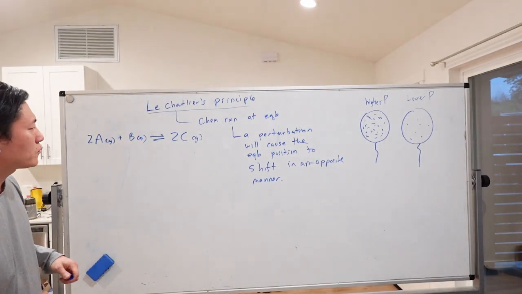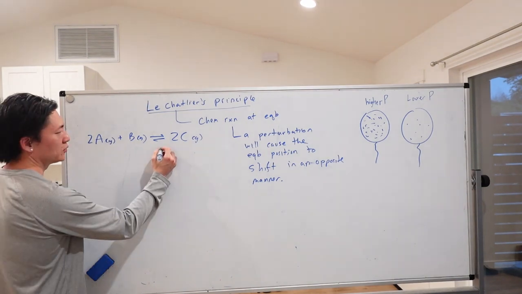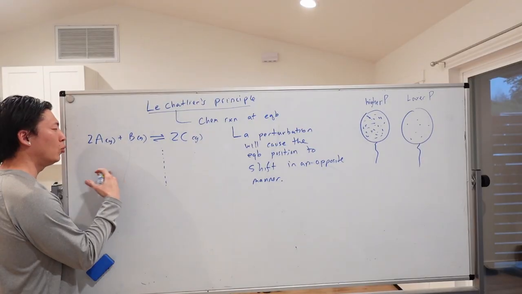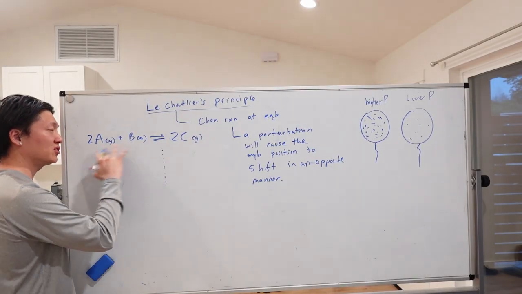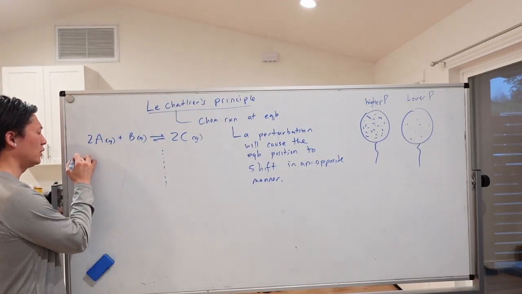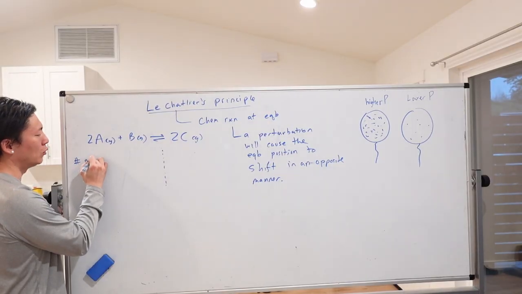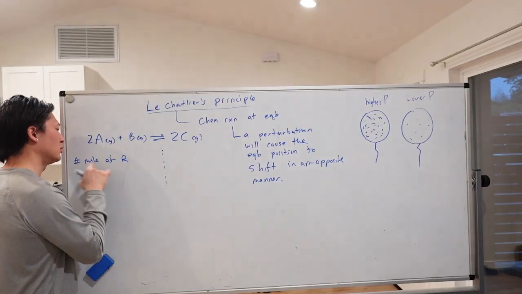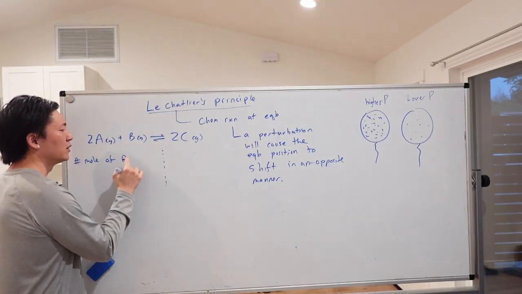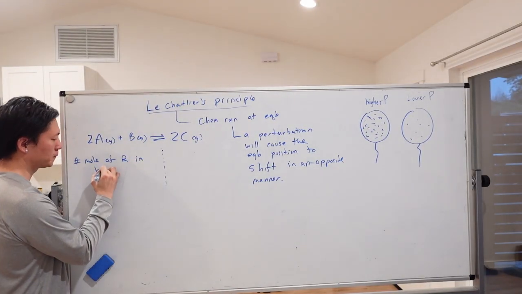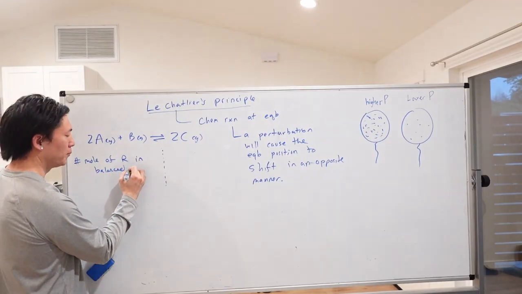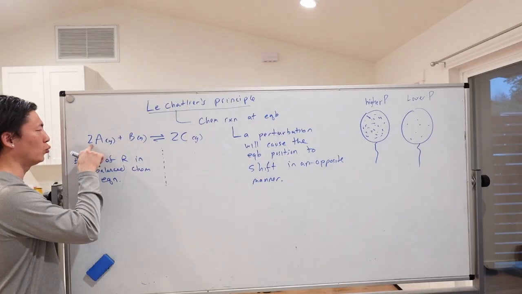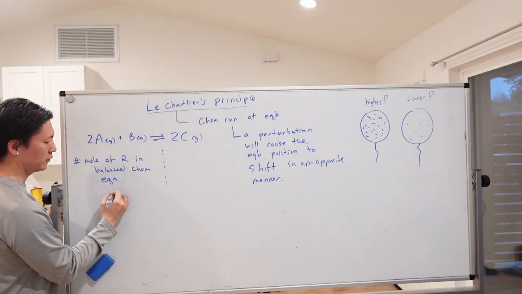Anyways, so what we do here is we count the total number of moles of reactants in the balanced chemical equation, which would be 1, 2, 3.